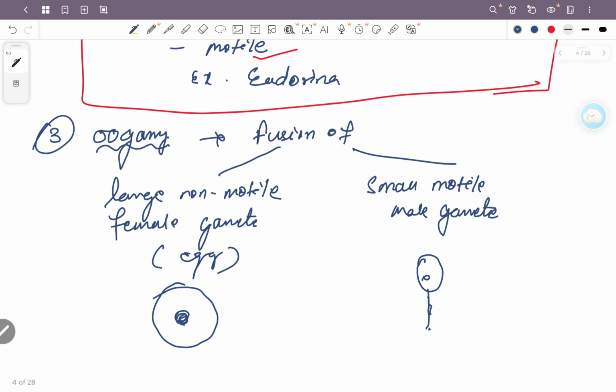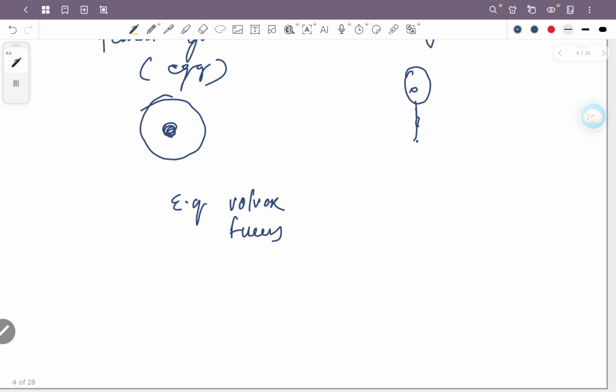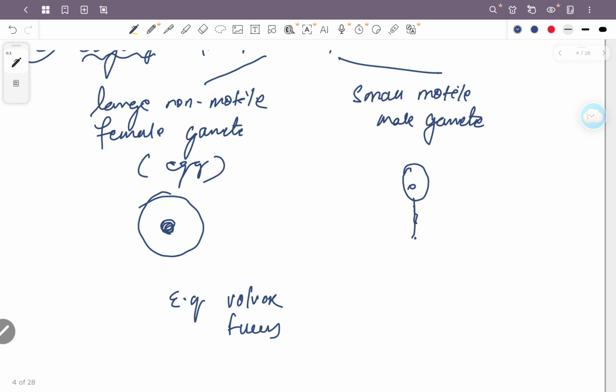And here the male and female gametes are differentiated. For example, Volvox and Fucus. Okay, so these are the different modes of reproduction that are seen in algae.